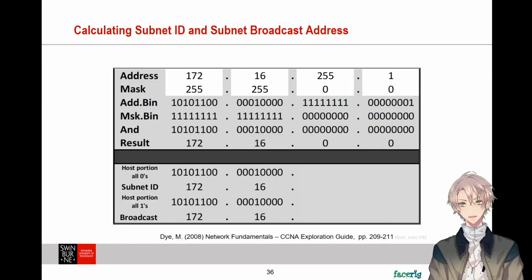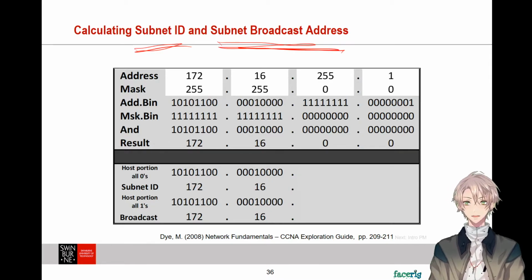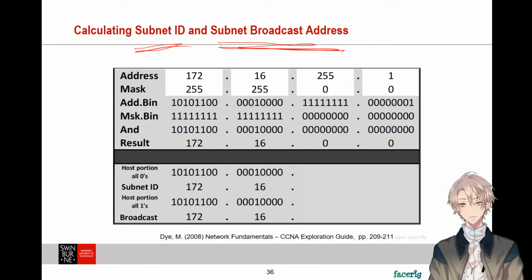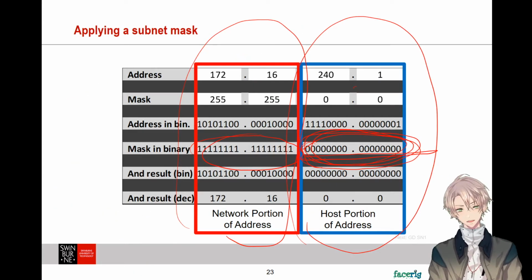So this one is showing you how to calculate the subnet ID and the subnet broadcast address. A broadcast address is what the subnet uses to communicate with all of the devices. Remember just now when I told you about the host portion and the network portion? Let me show you previously. Over here, remember? The network portion of the address is where the subnet mask is 1s and this one is 0s.